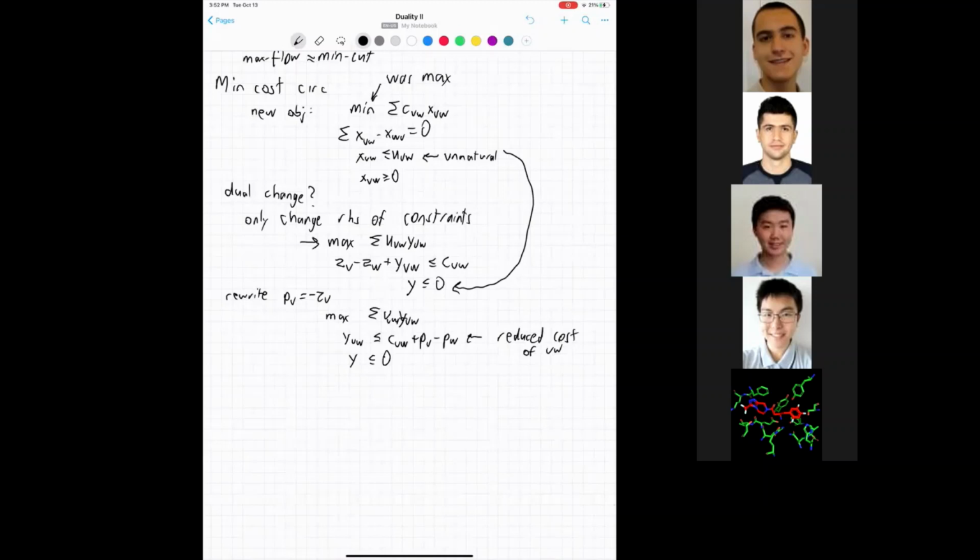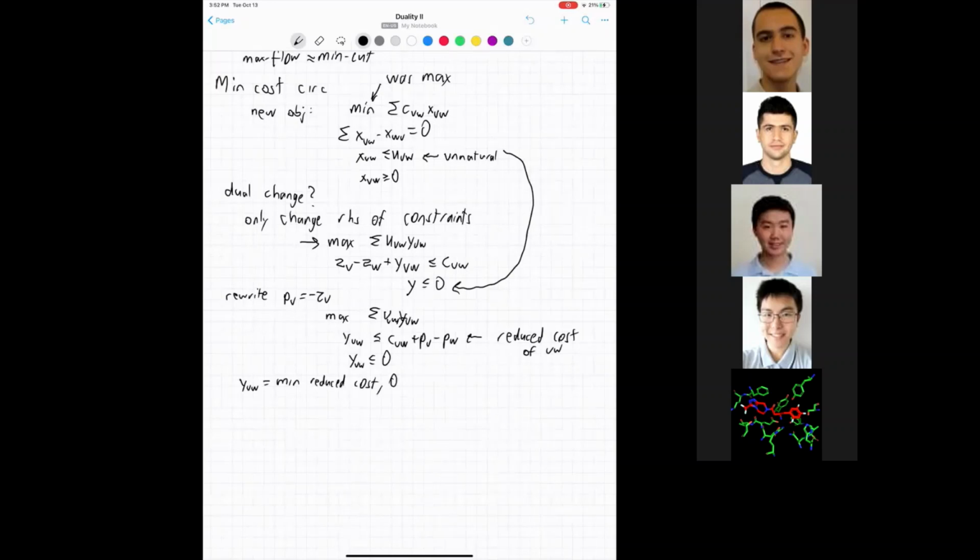Notice here that we have a constraint that YVW be less than or equal to the reduced cost, and we also have a constraint that YVW is less than or equal to 0. So what that tells us is that YVW is equal to the smaller of the reduced cost and 0.